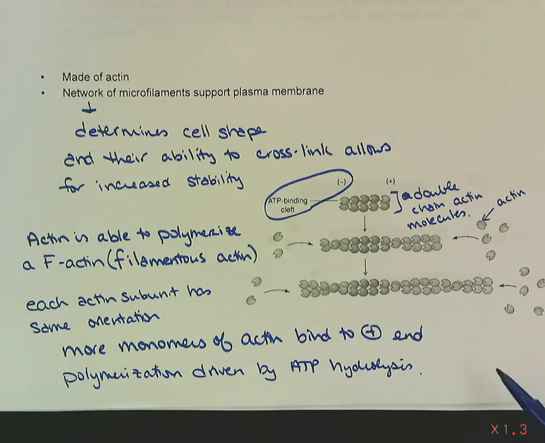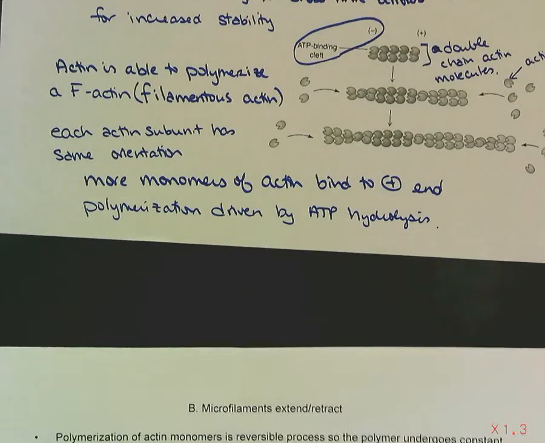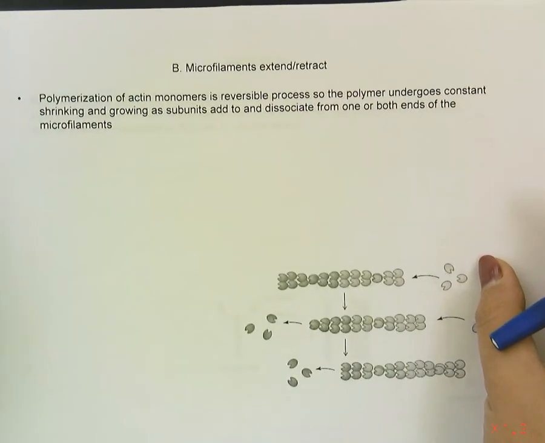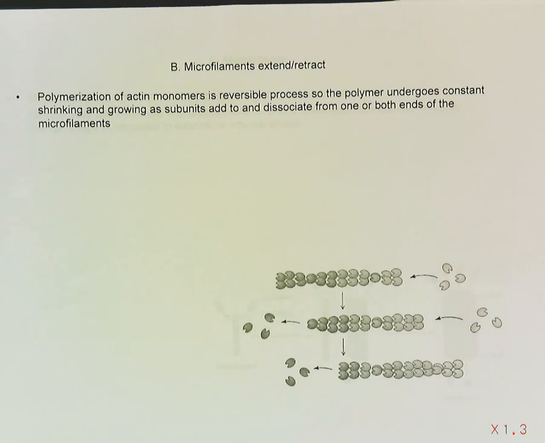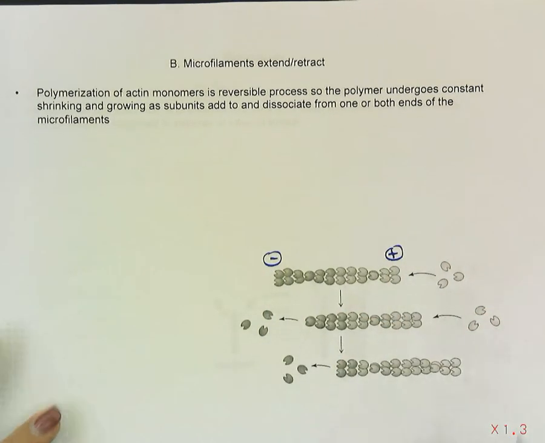Again, on this picture, we're going to talk a little bit more about it. I have a similar picture on the next page. So again, here's my negative end, there's my positive end.